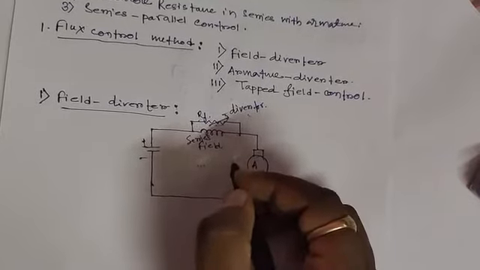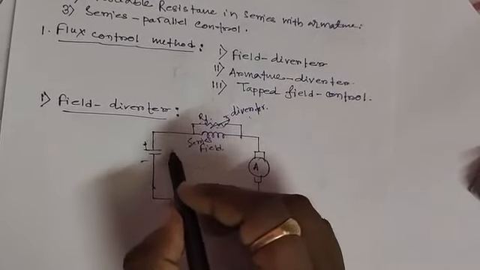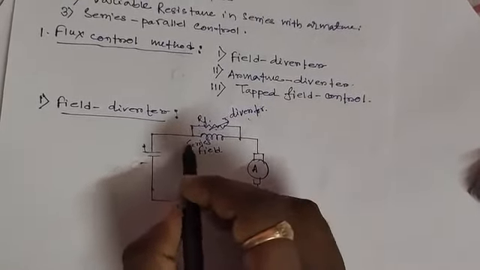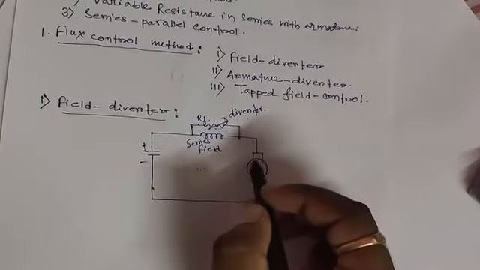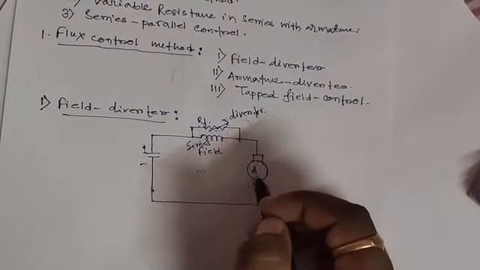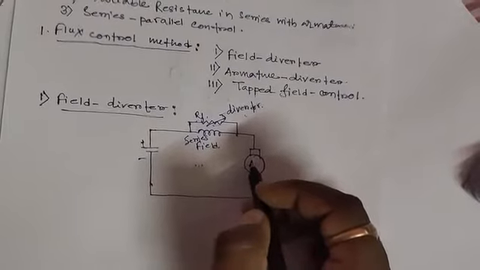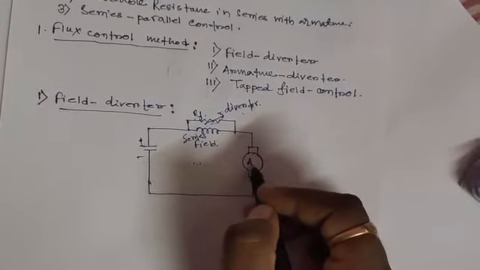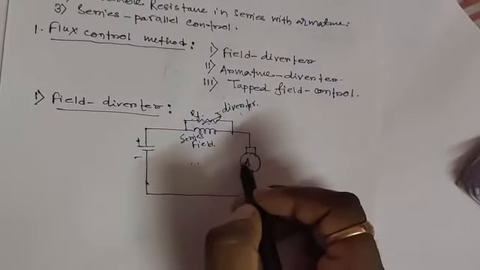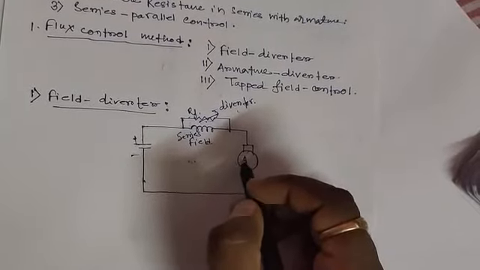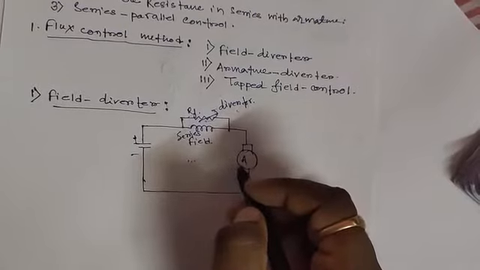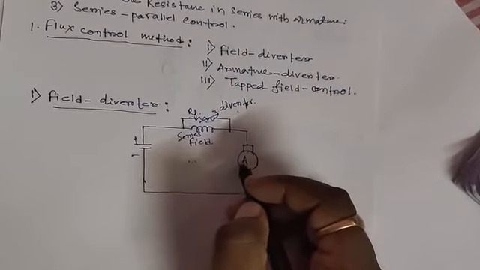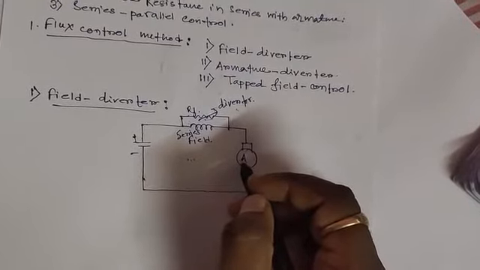Thus a low amount of current flows through the field, so the flux decreases to the desired amount and the speed can be increased.